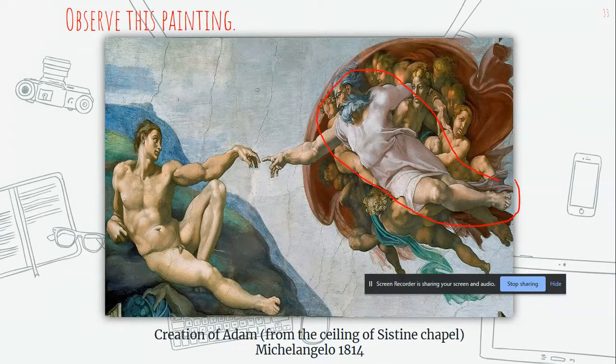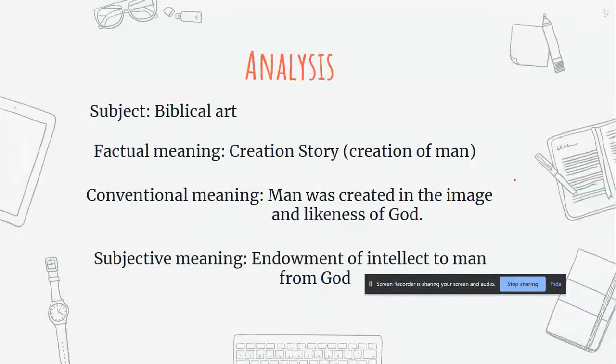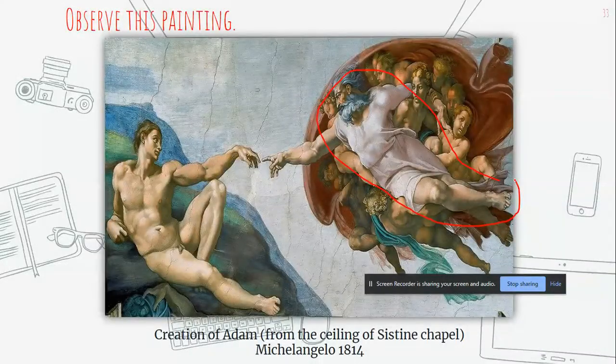Maybe we could say that as human beings, however highly we have sinned, God is still able to forgive us as long as we reach for Him. We could have that meaning. This is biblical art. And for the factual meaning, this is creation. We could say the creation history, that God creates the human beings, that God created Adam and Eve.